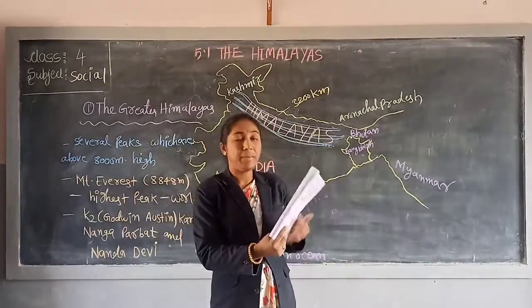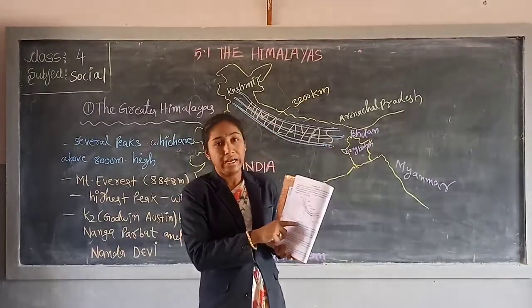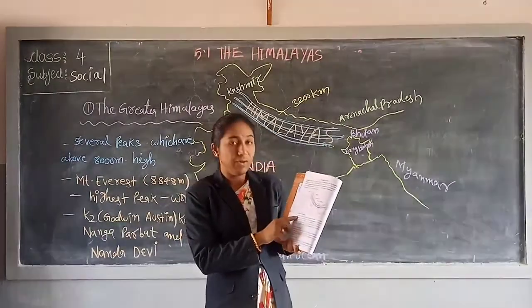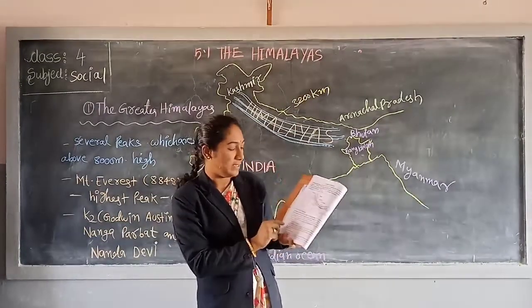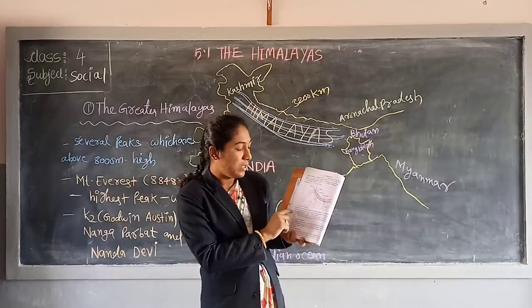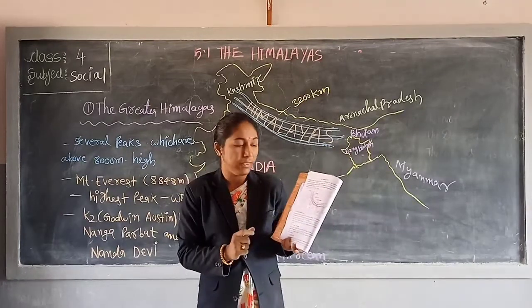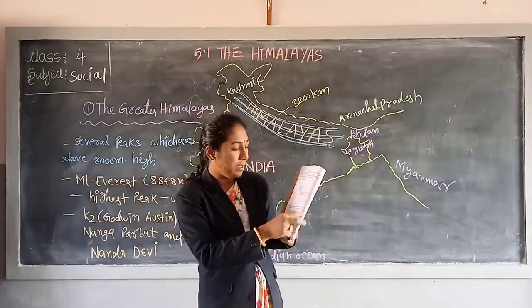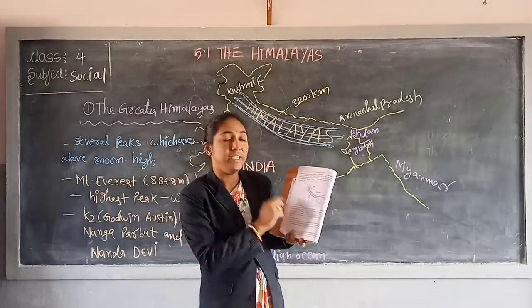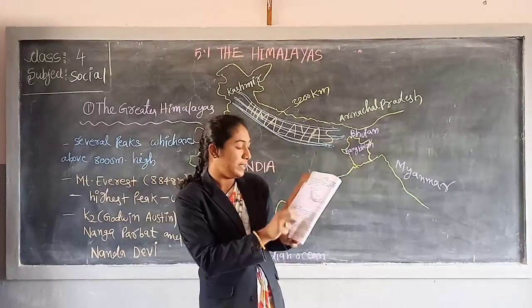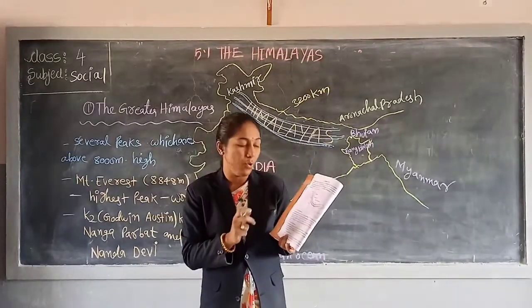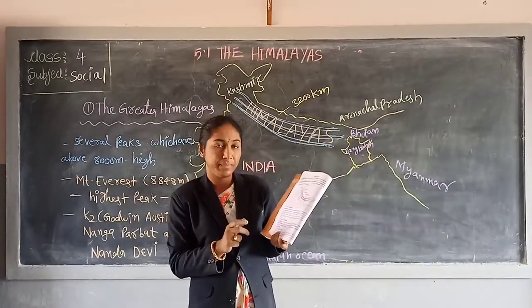Look, Nana, look at the paragraph of the Greater Himalayas. This is the first mountain range of the Himalayas. The northernmost range is called the Greater Himalayas. The Greater Himalayas is the highest range in the world. There are several peaks in the Greater Himalayas which are above 8,000 meters high.